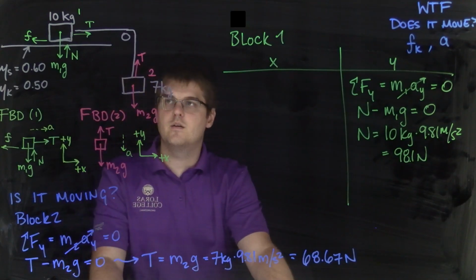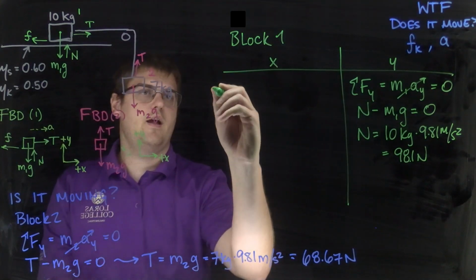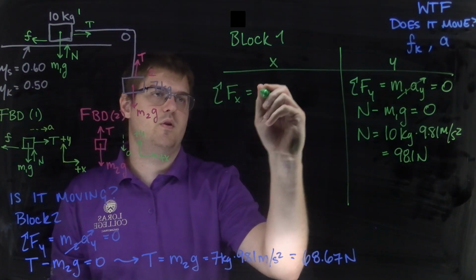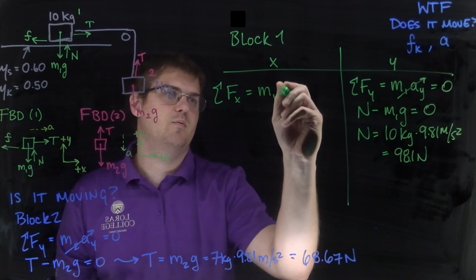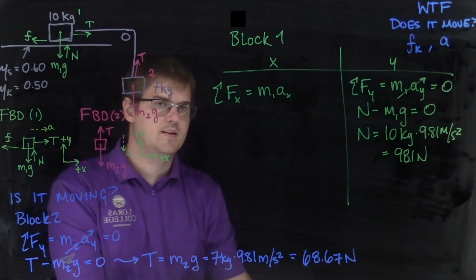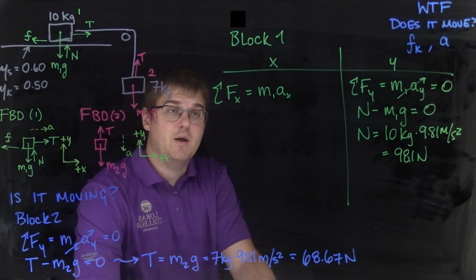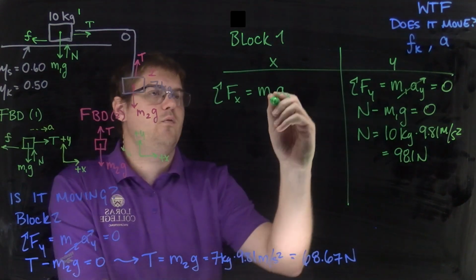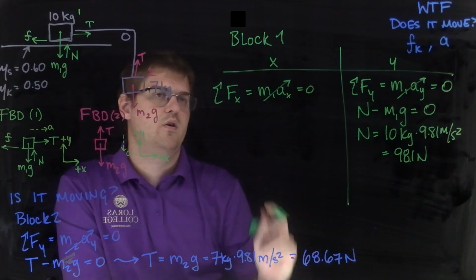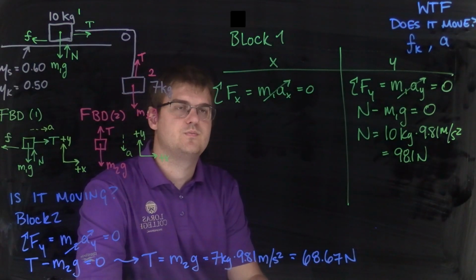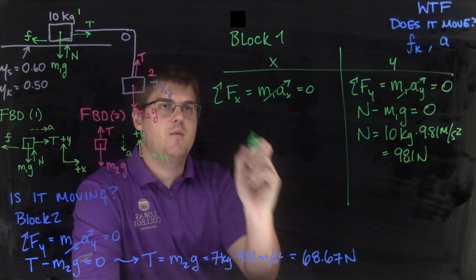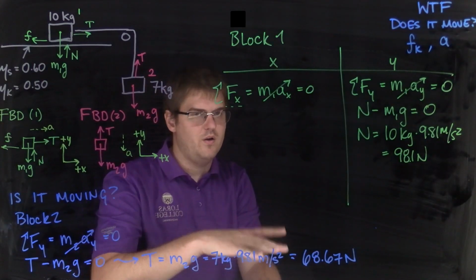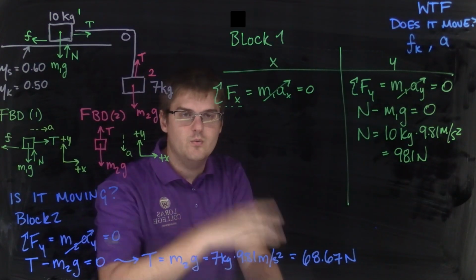Now, if I look at my x-axis, the sum of my forces in the x is going to be equal to my mass 1 times my acceleration in the x. This is where we actually have to think about this a little bit. If we set this to 0, the sum of my forces in the x, we're right at the point where you could just spit on this thing and it would start moving.